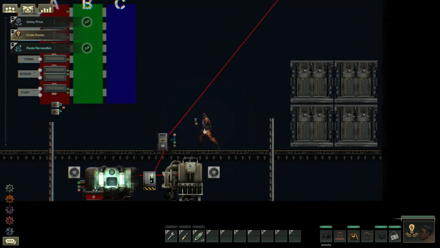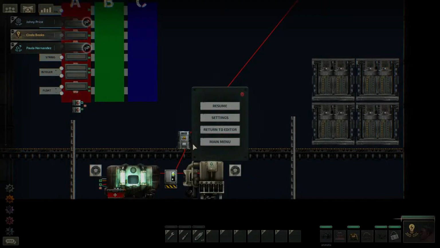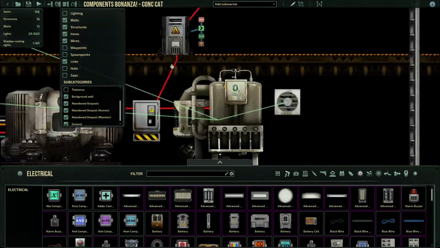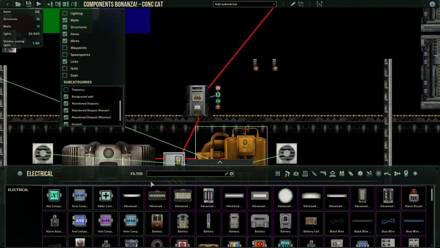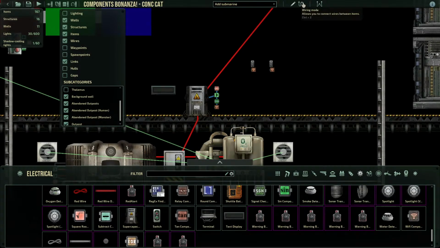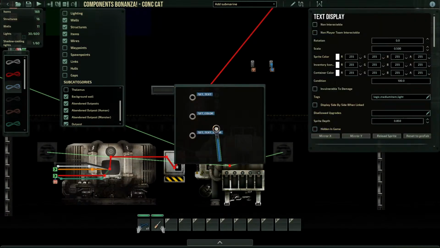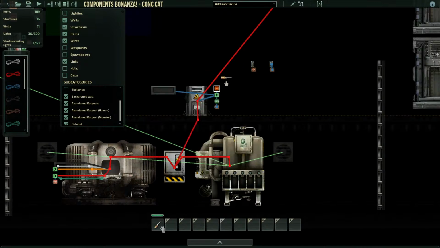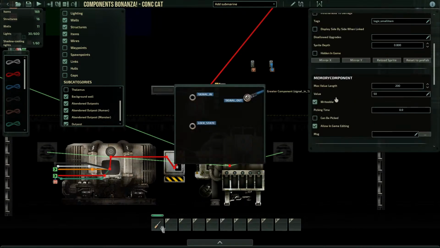Okay. So right now, what I should do is put an edit box so you guys can see what's going on here. Where's my text display? What I've done is created a circuit where this is our charge threshold.